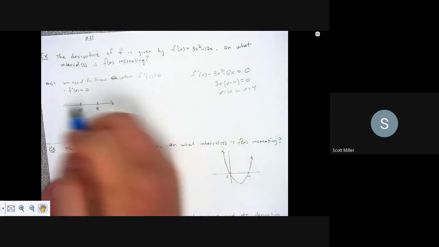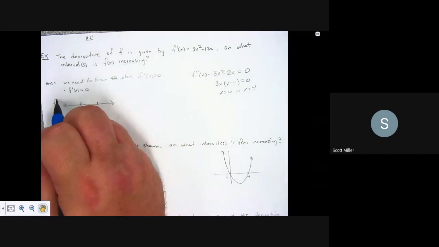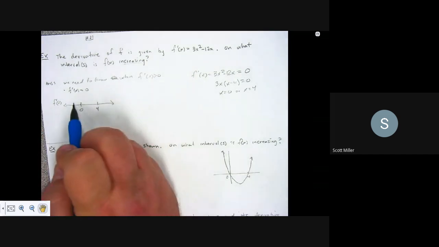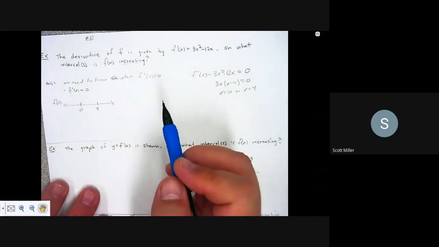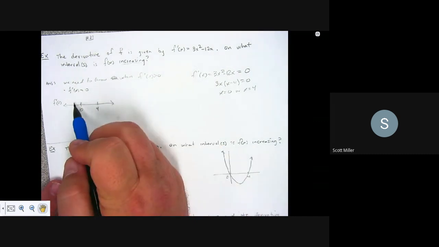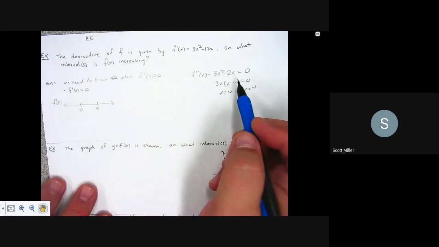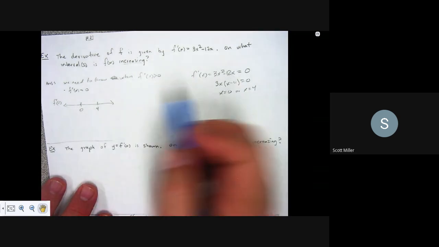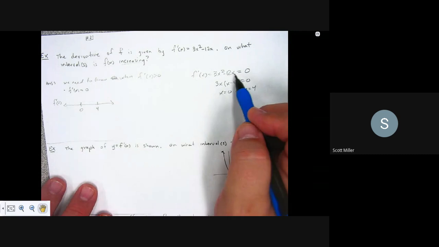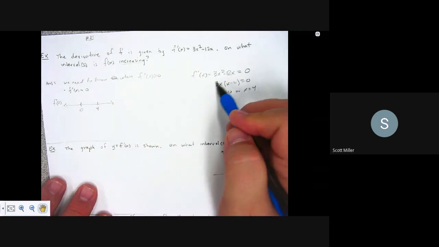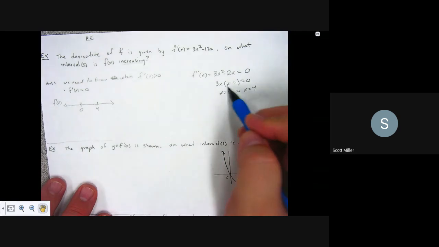And then we need to do a test on these regions for the first derivative, and determine which regions are positive and which are negative. You simply pick an arbitrary point in a region, plug it in, and see if you get a positive or negative value. If I plug in -5, this will be negative and this will be negative.